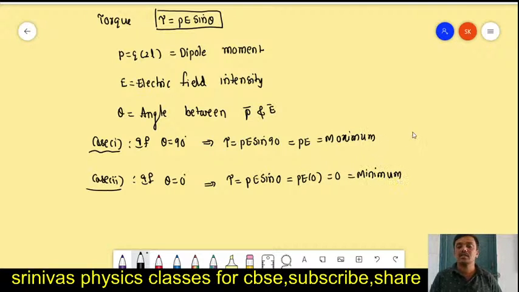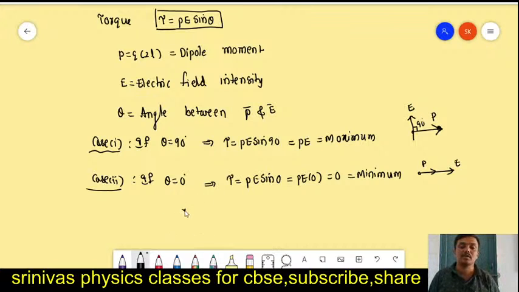You get the maximum torque when the dipole moment is to the right side and the electric field is upward, both perpendicular to each other, E and P. If E and P are parallel to each other, P to the right and E to the right, then torque becomes 0.